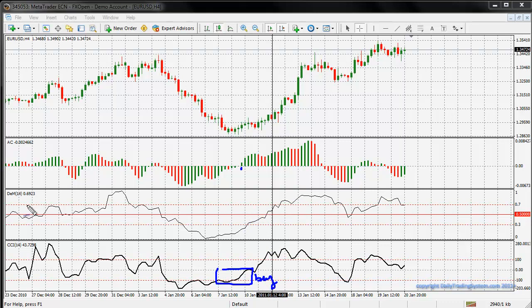But with the DeMarker, it's better to wait for this bar and for this black line to penetrate above. For instance, you see that there's one here. We take a look at that, and it's actually sitting inside the top part of the box this time, which is good, which is what you want.